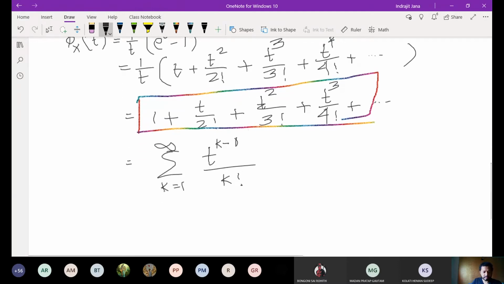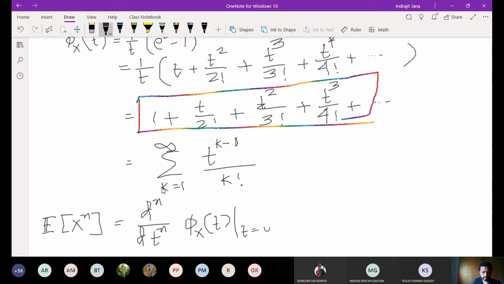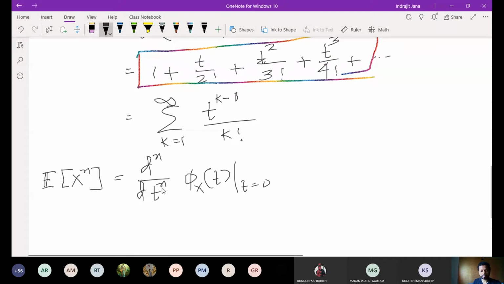Now, to find the moments, we know that the expectation of X to the power n is the nth derivative of this MGF evaluated at t equal to 0. Okay, so let's try to figure out the derivatives.